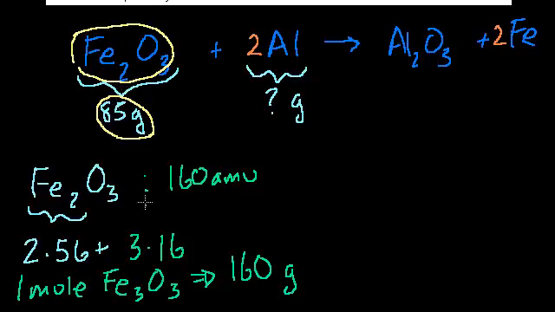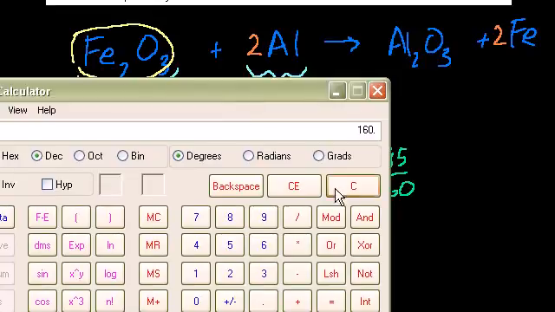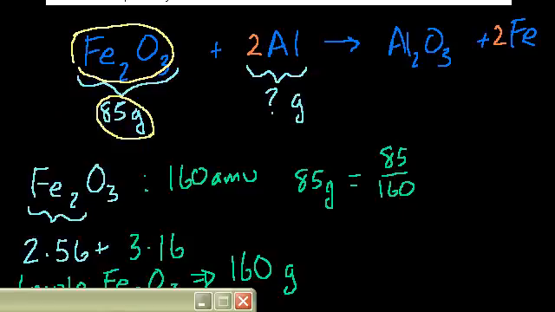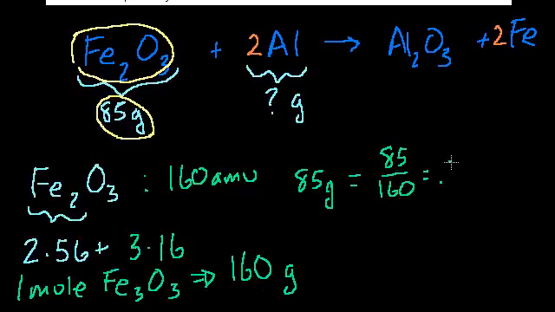How many moles is that? Well, 85 grams of iron 3 oxide is equal to 85 over 160 moles. So that's equal to 85 divided by 160 equals 0.53125, or 0.53 moles.